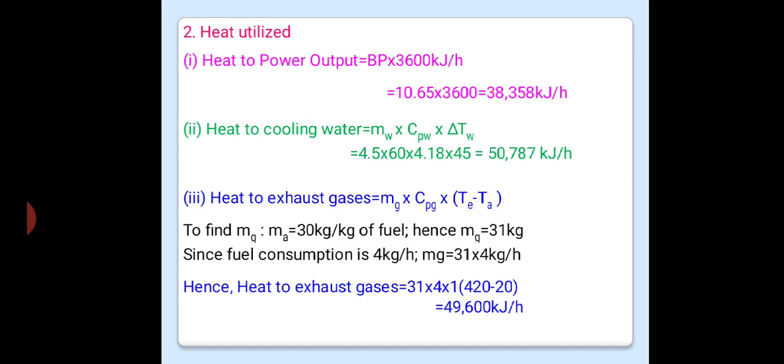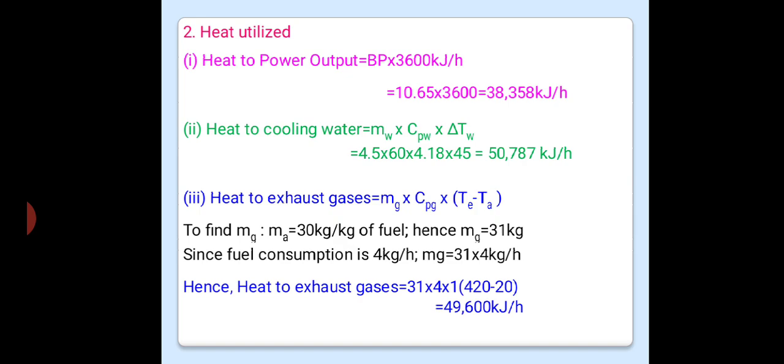Now after substituting the values, see mass of water we have to convert on hour basis, so we have to multiply it by 60. So 4.5 into 60 into 4.18 into 45. So we got heat to the cooling water 50,787 kilojoule per hour.